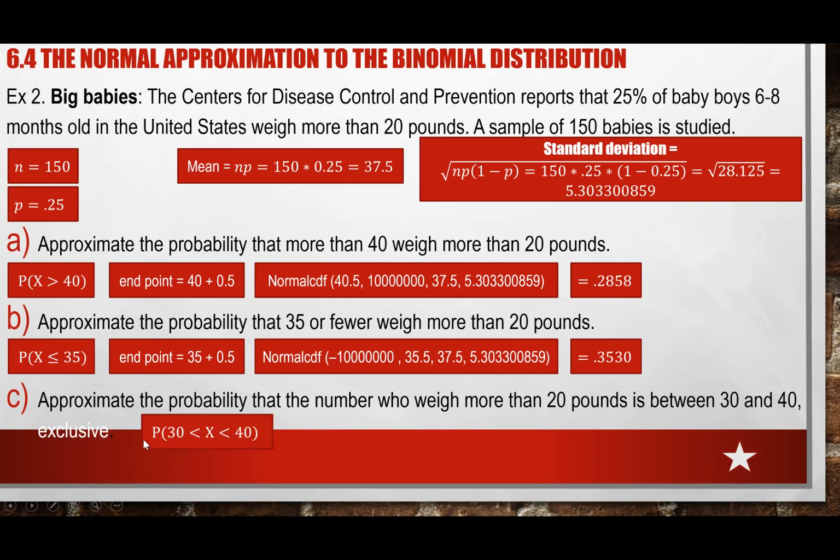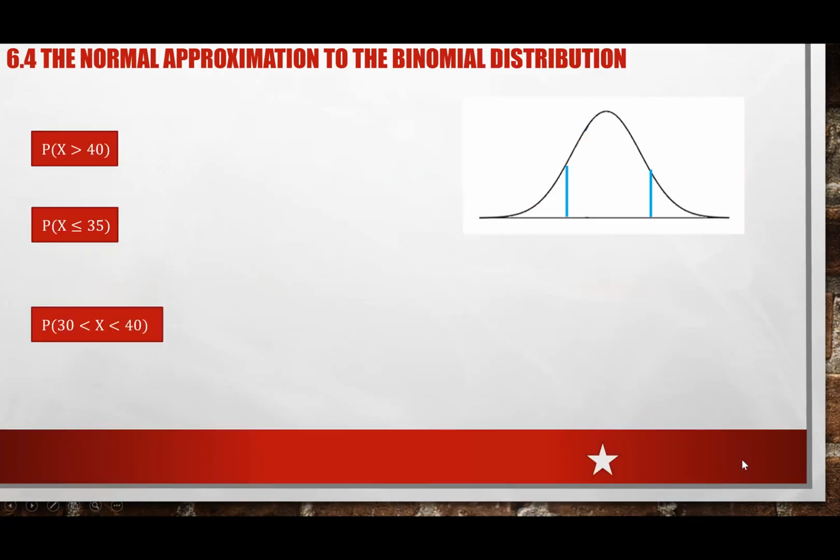Exclusive meaning we do not include the endpoints, right? So hopefully you guys see that there is no equal sign, we do not include them. How do we adjust this item? We're looking for the in between, which is, again, exclusive.